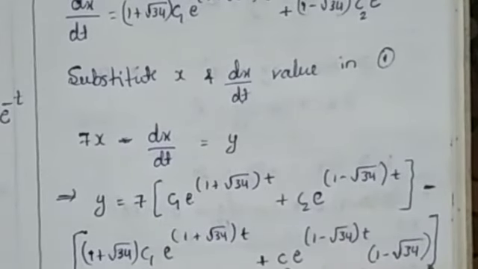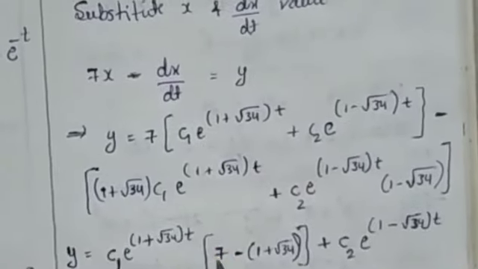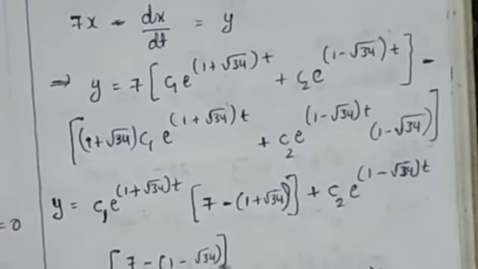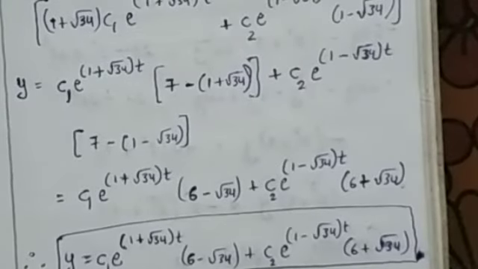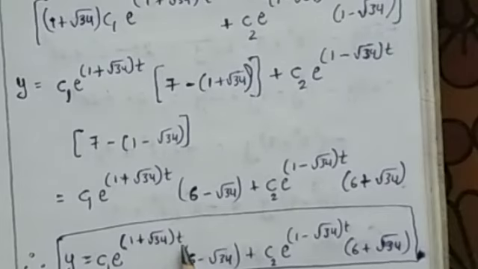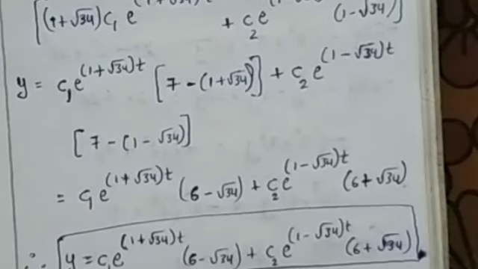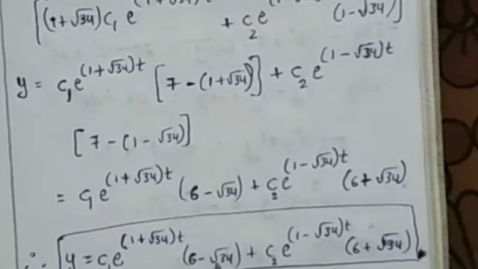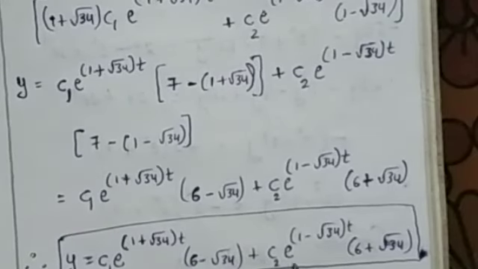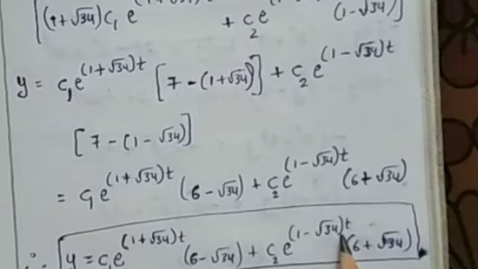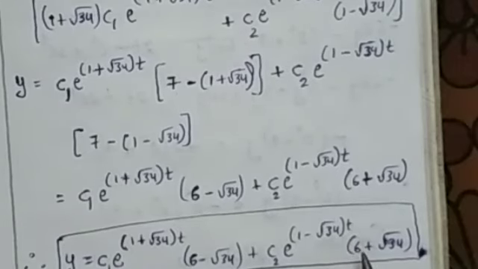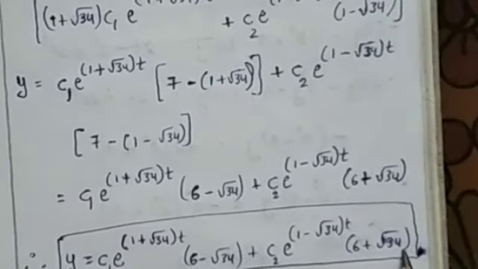Then you simplify this. Finally, you get y equal to c1 e to the power 1 plus square root of 34 into t into (6 minus square root of 34) plus c2 e to the power 1 minus square root of 34 into t into (6 plus square root of 34).